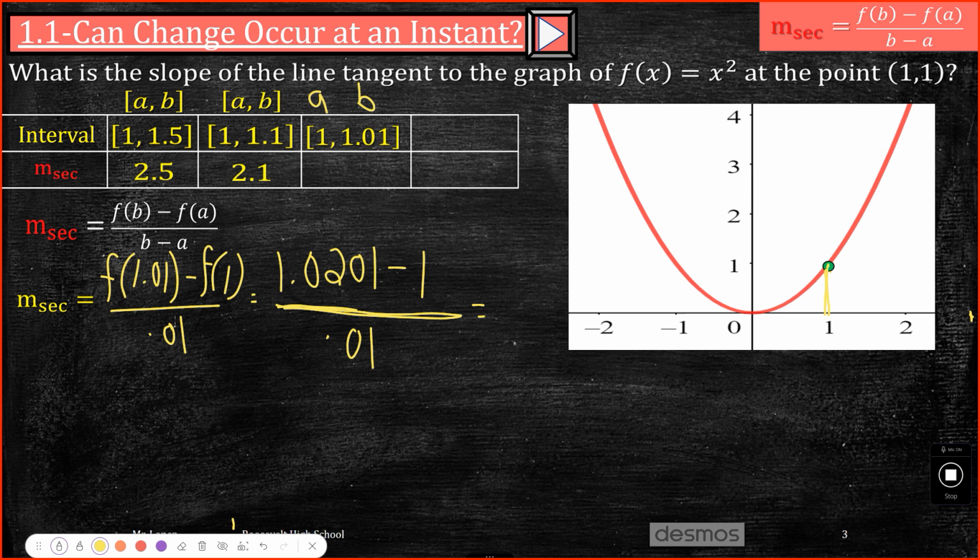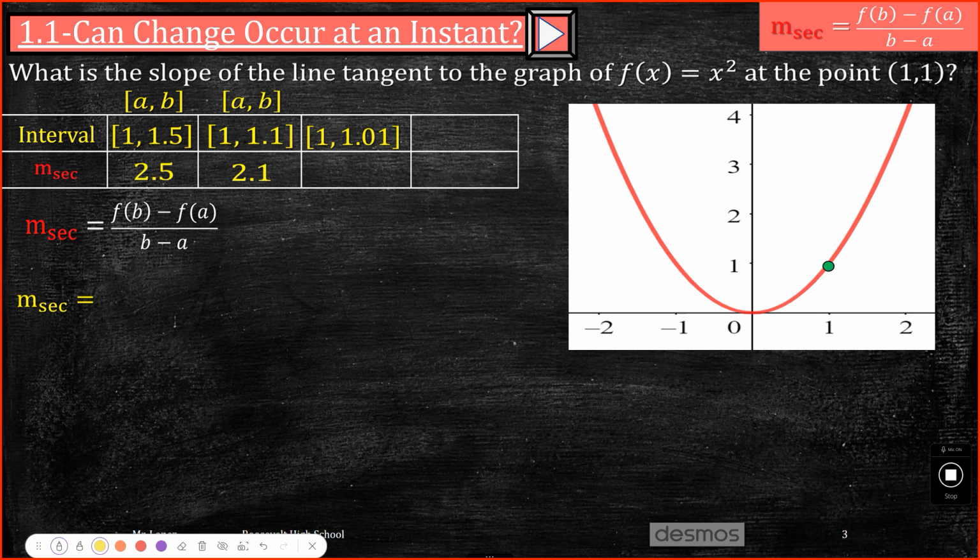What are you getting? 2.01. Yes, 2.01. So it's pattern recognition here, everybody. What is the slope getting closer and closer to being?